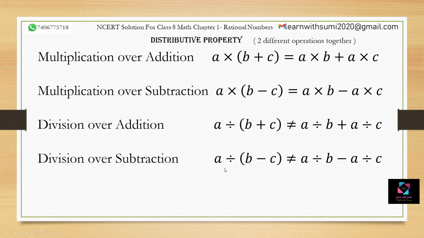Then a divided by b minus c. So you should perform the subtraction operation first, then divide it with a. Here a divided by b, a divided by c. So whatever resultant you get, just subtract it. So let's check using simple examples.